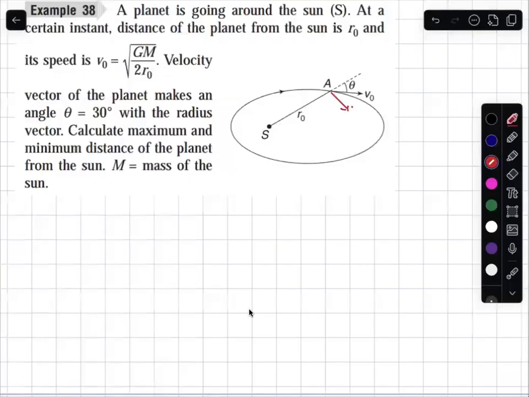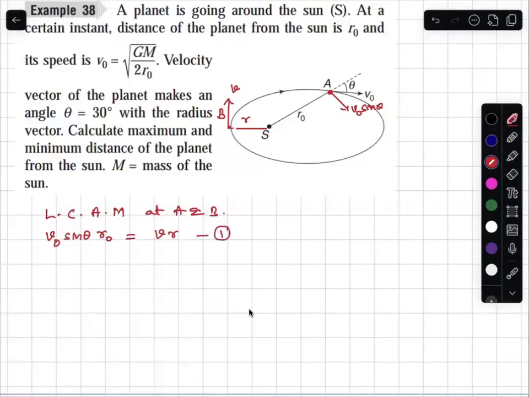This is V0 sine theta, and we will call this point B. The speed there is V and the distance is R. Which means apply the law of conservation of angular momentum at A and B. If I do so, what will I get? V0 sine theta times R0 is V into R.